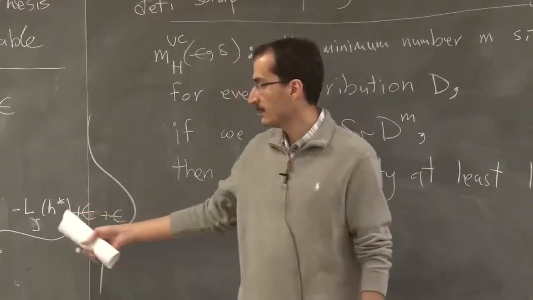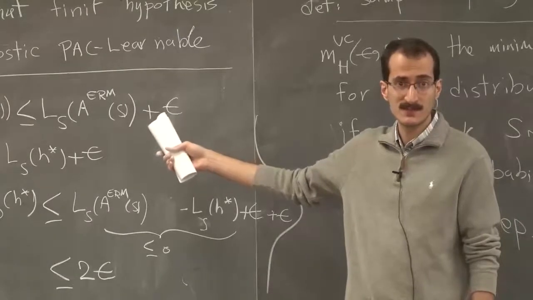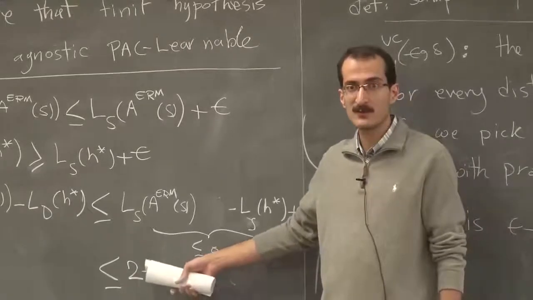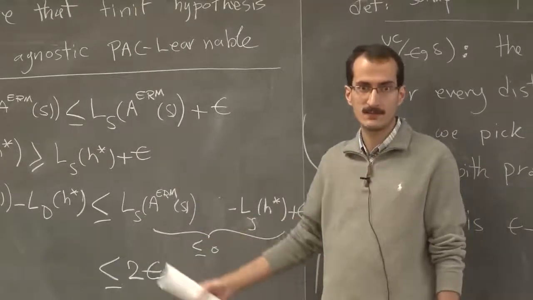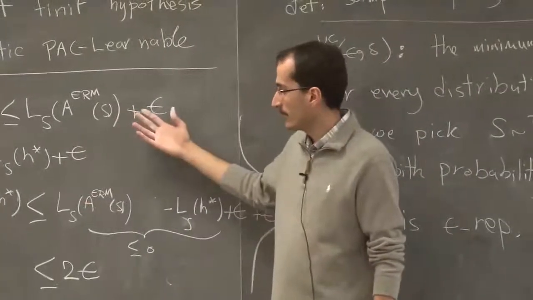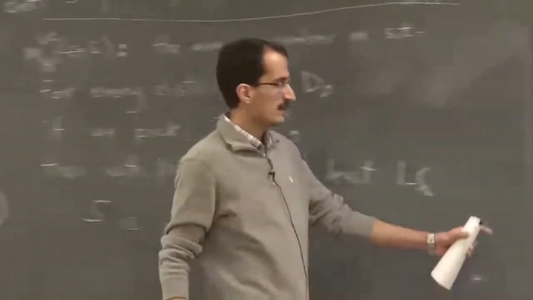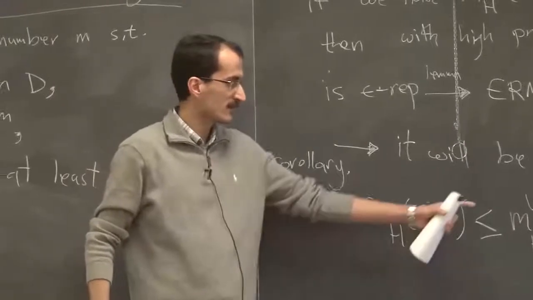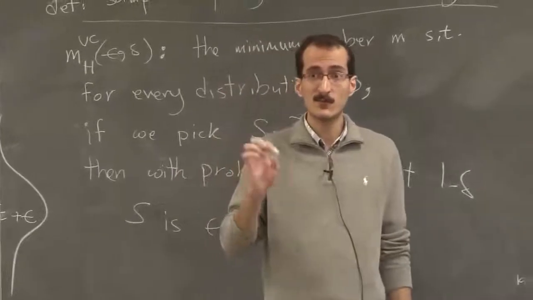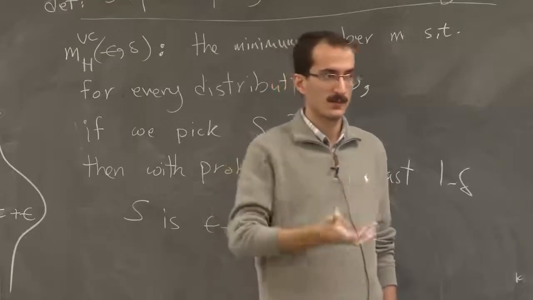The lemma says that if you are epsilon uniform convergent or epsilon representative, then you have error of 2 epsilon. So in order to have error of epsilon, you need to be epsilon over 2 representative. So I could write it from the beginning that if I'm epsilon over 2 representative, then I will have error of epsilon. So here, in order to get an error of epsilon, the uniform convergence needs to work on a smaller error threshold. So it's tougher.